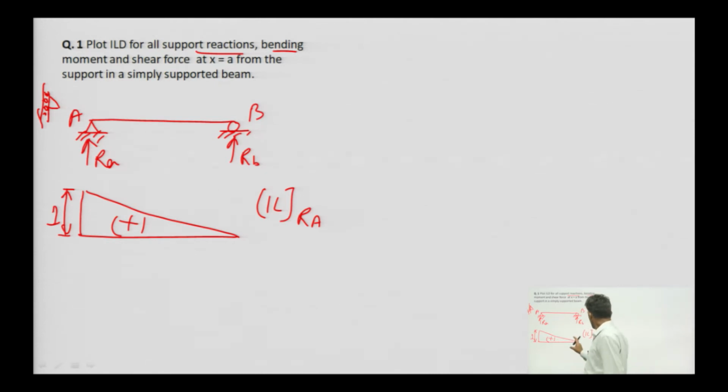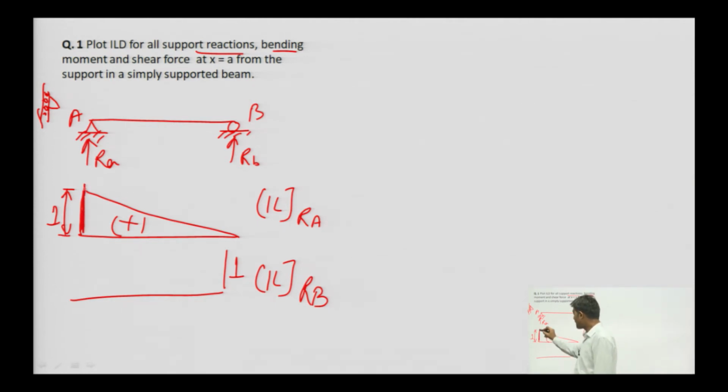This is the IL for RA, and if we want to plot the IL for RB, then what do we need to do? We need to remove the vertical restraint at point B. And after removing the vertical restraint, we need to provide unit displacement in that direction. So, it will be the vertical displacement here, as in the previous case for RA.